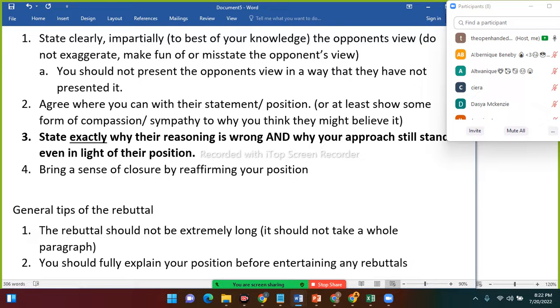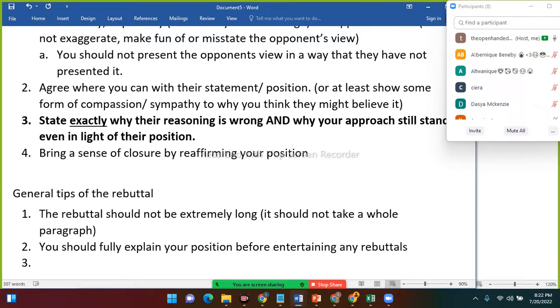State your reason, your topic sentence, provide supporting details. Establish your position as concrete before you entertain any rebuttal.